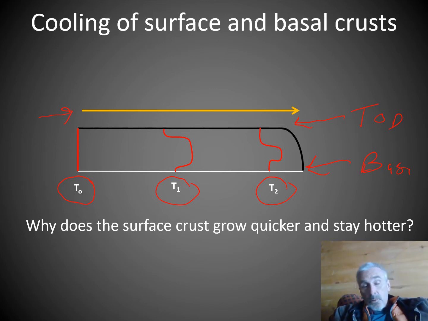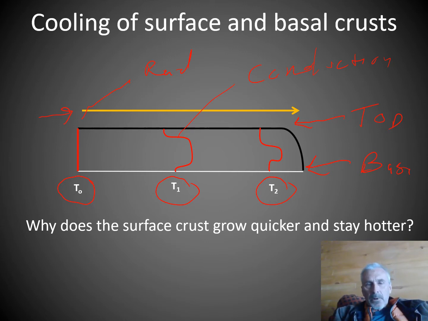So as it moves, it cools. Initially, you get lots of heat that comes off due to radiation. And then once you form a little crust, then it's mostly conduction. What this diagram is showing is that the upper crust actually grows a lot quicker than the lower crust.